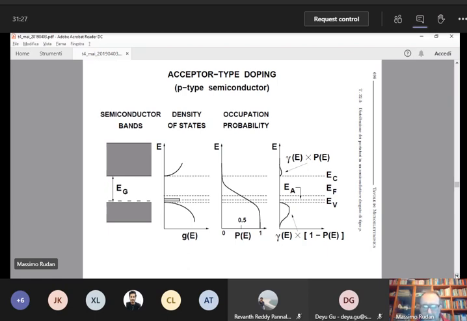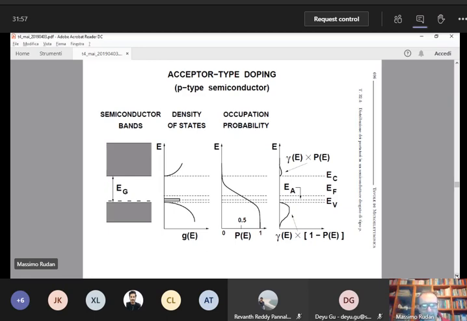In this type of doped material, the Fermi level also shifts, but it shifts downwards. So if you look at the right part of the figure, the Fermi level is closer to the valence band than to the conduction band. It is no more near the mid gap.